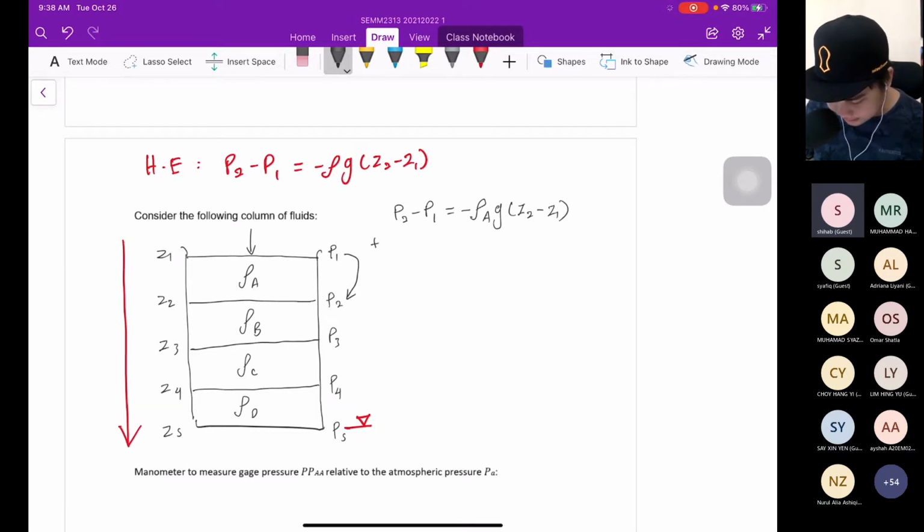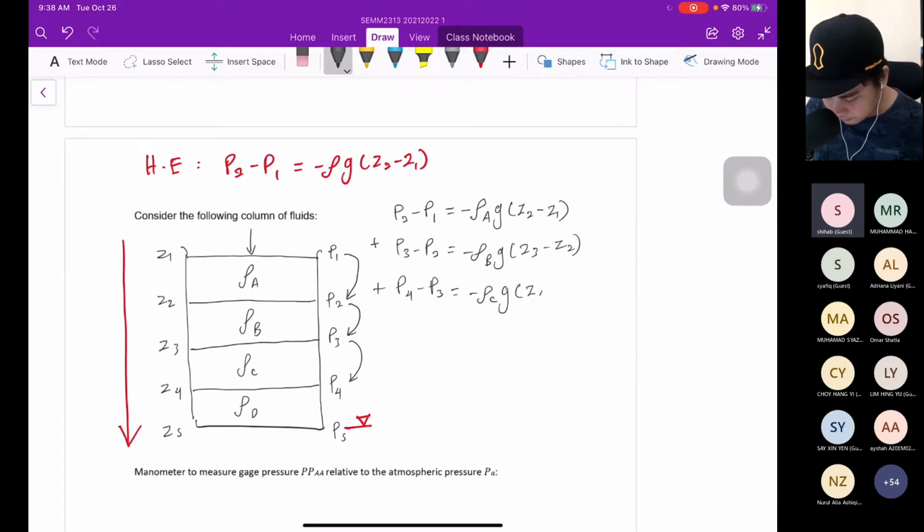Plus, P2 going to P3. That means P3 minus P2 equals negative rho B, G, Z3 minus Z2. And plus P3 going to P4, P4 minus P3 equals negative rho C, G, Z4 minus Z3.